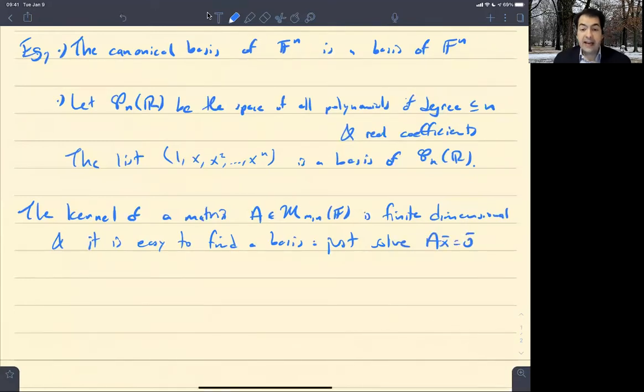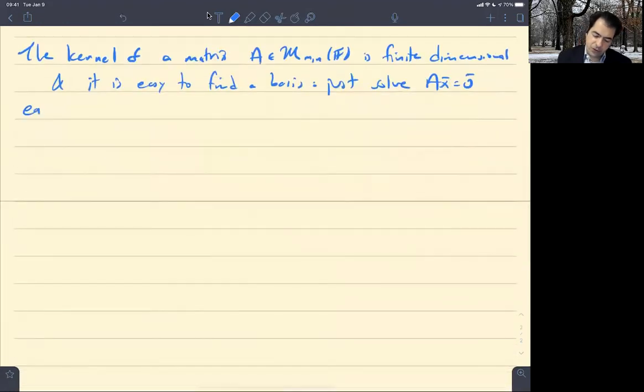Just solve Ax equal to 0. By this, what I mean is that we already have an algorithm for solving Ax equal to 0, right? We do Gaussian elimination. We find that variables are either free variables or pivot variables. We write the pivot variables in terms of the free variables, and that gives us an expression for all of the vectors in the null space, or all of the solutions to this equation. Well, the claim is that that also gives you a basis of the null space. So let's do an example, just to show you what I mean.